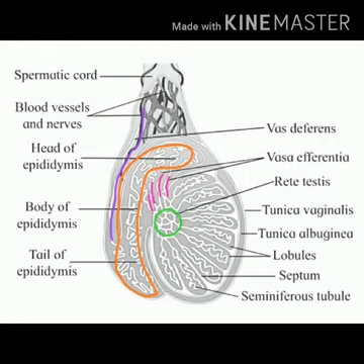Vasa efferentia is shown in pink color. Vasa efferentia arises from the rete testis, you know it, and the epididymis is shown in saffron color. Then vasa deferens is shown by purple color.